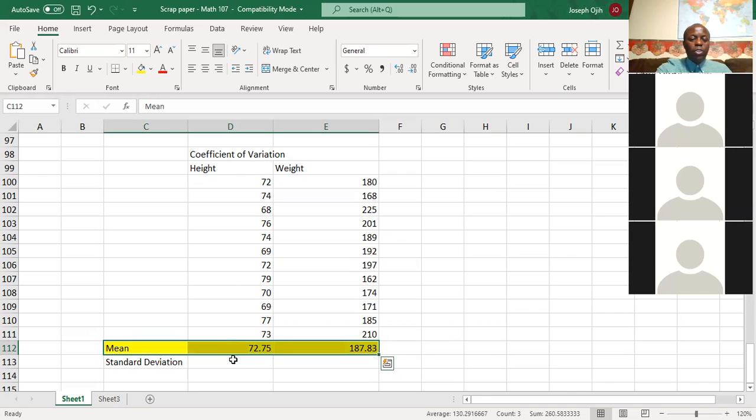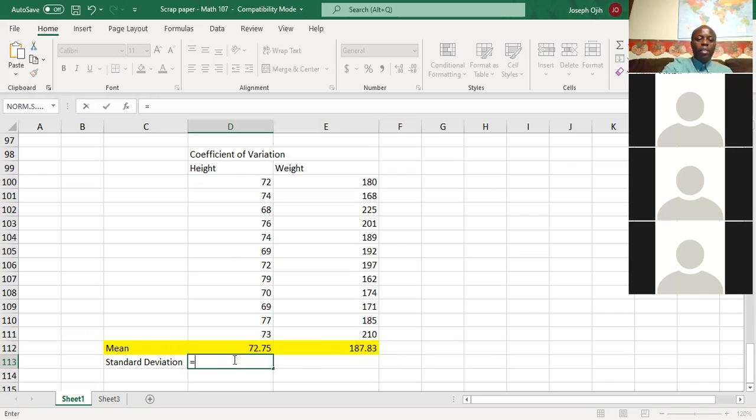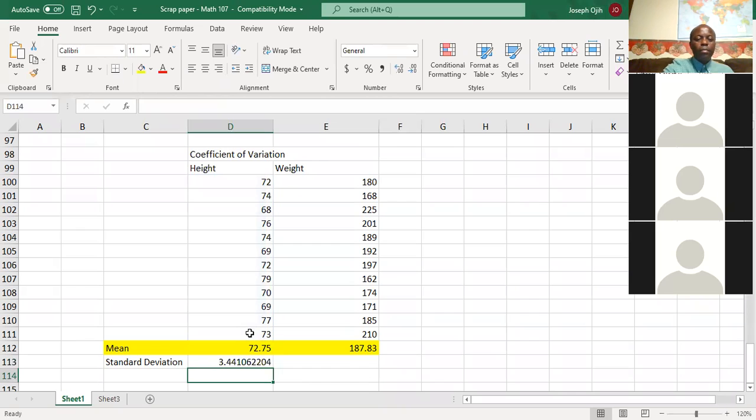Now for the standard deviation, this is a sample, because this is a sample of basketball players. So you're going to use STDEV.S because it's a sample. Then highlight it, close the parenthesis, then press the enter key. Then copy it to the next cell and it will calculate for this next cell.